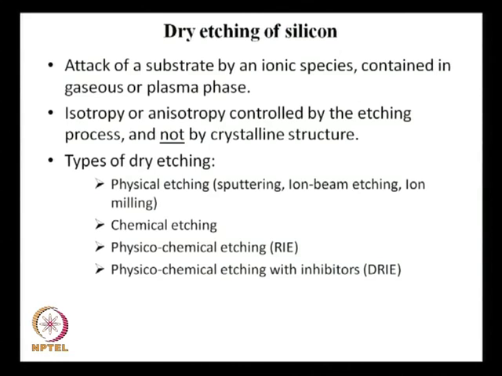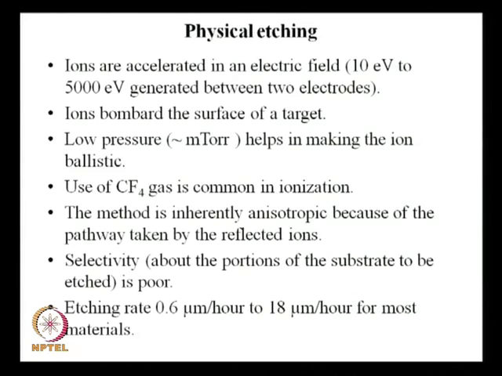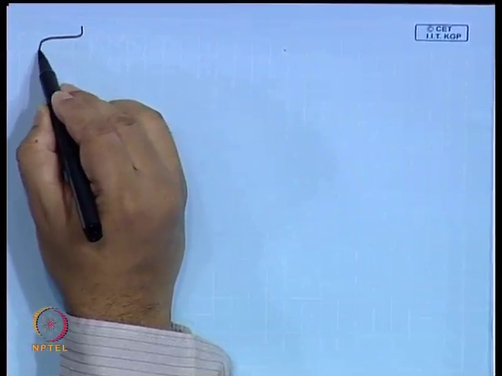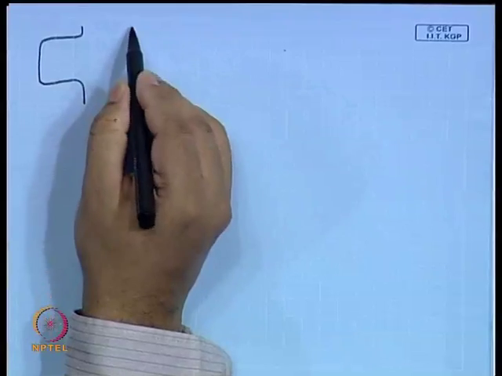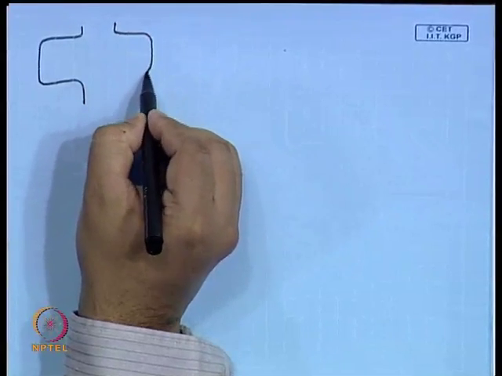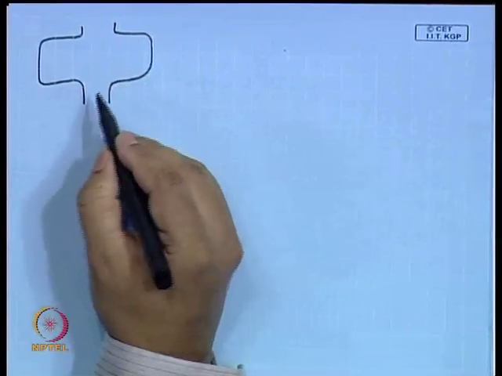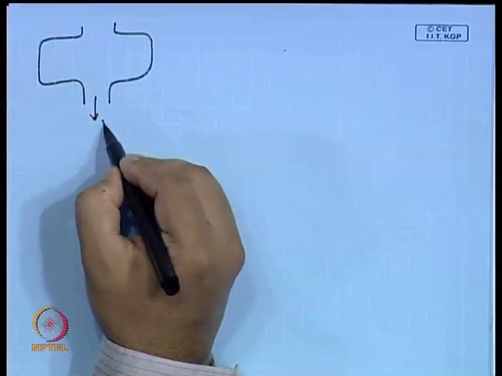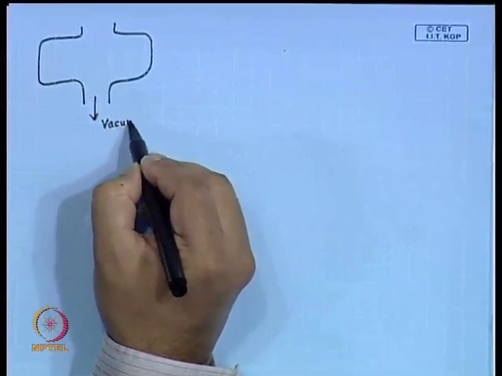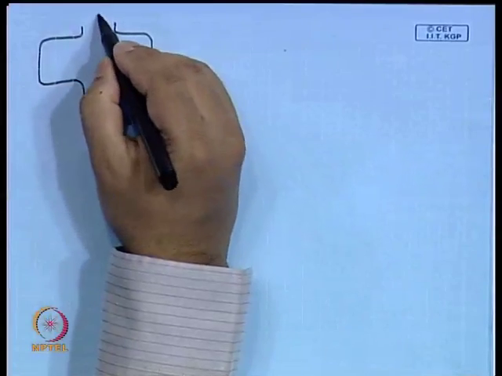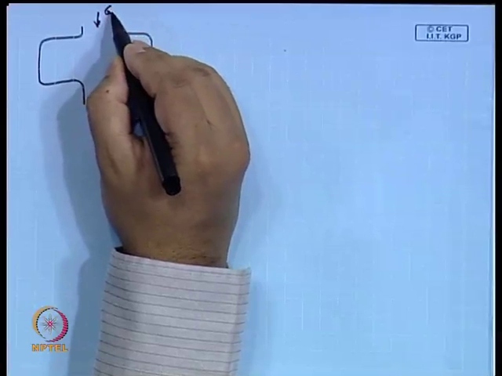Physical etching, which goes by the name sputtering, ion beam etching or ion milling, involves a chamber. You apply vacuum here and you introduce some gas here.